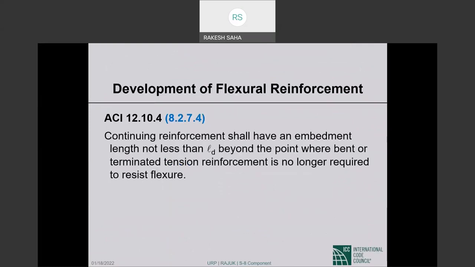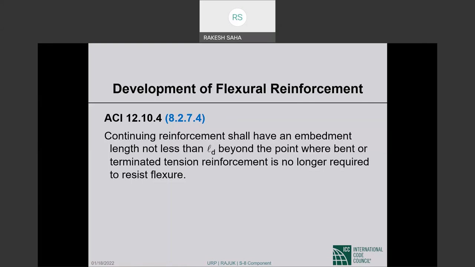Continuing reinforcement shall have an embedment length not less than l sub d. So there are bars that are cut off, and then there are bars that are continuing. Continuing reinforcement shall have an embedment length not less than the tension development length beyond the point where bent or terminated tension reinforcement is no longer required to resist flexure.